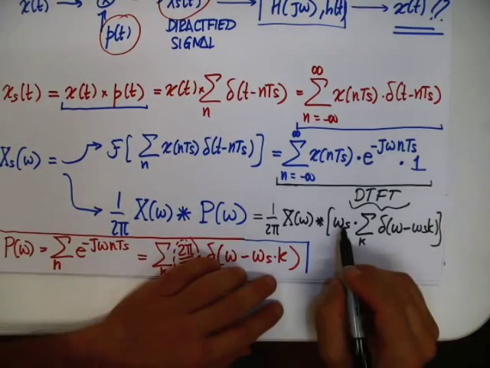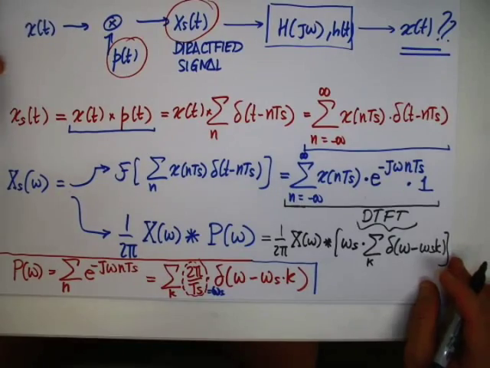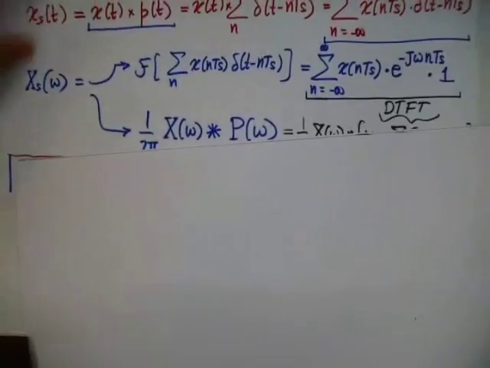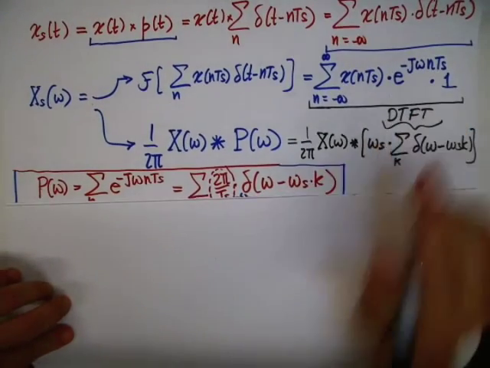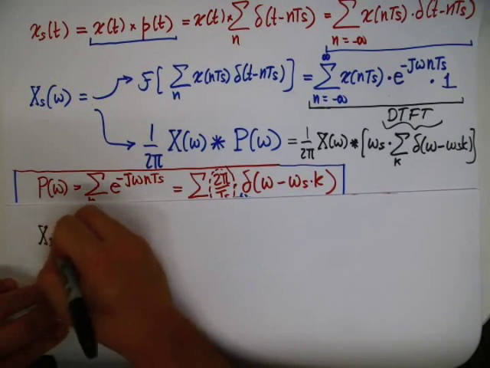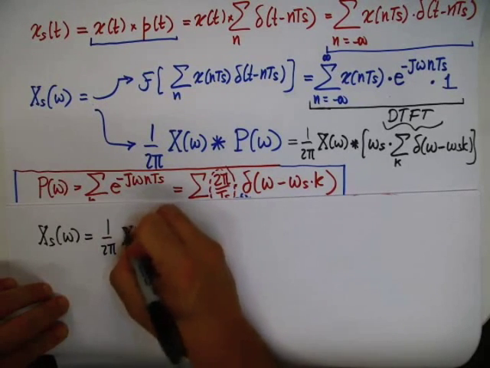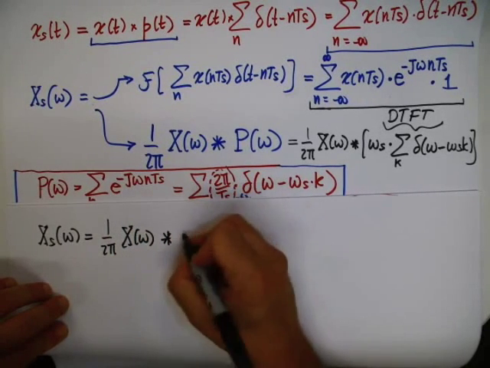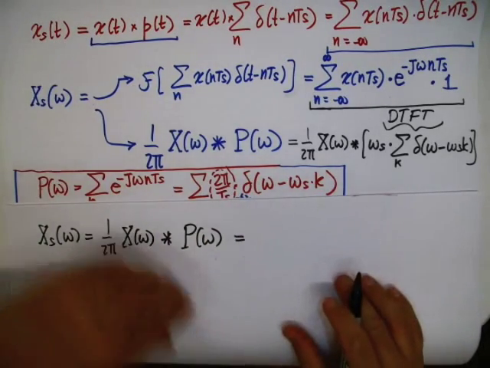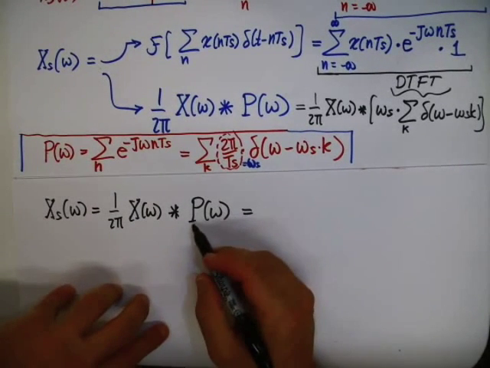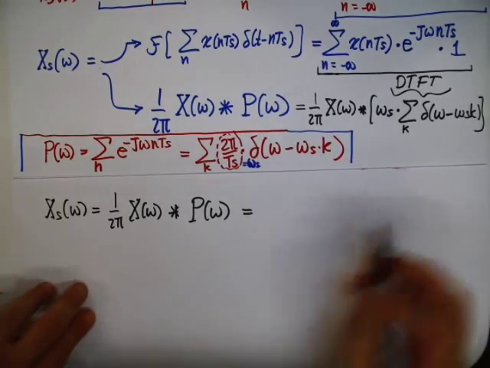And you can see that I can bring this omega_s outside, but actually let me do it more carefully. We have that the Fourier transform of the Diractified signal, X_s of omega, is equal to 1 over 2 pi the convolution between X of omega and P of omega. And now we can use the expression of the Fourier transform of the Dirac train in terms of a Dirac train in the frequency domain.